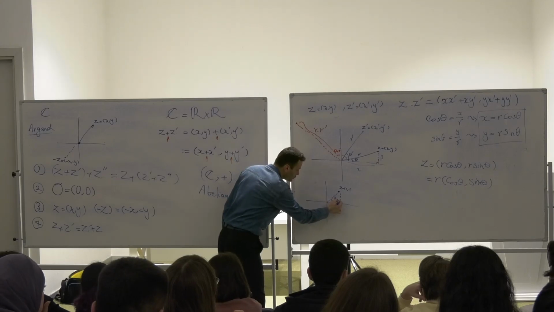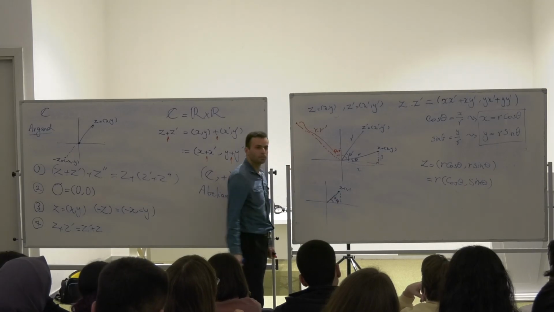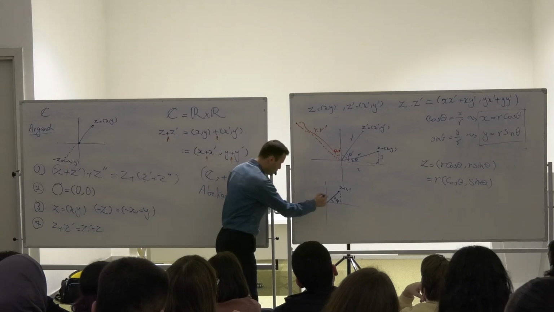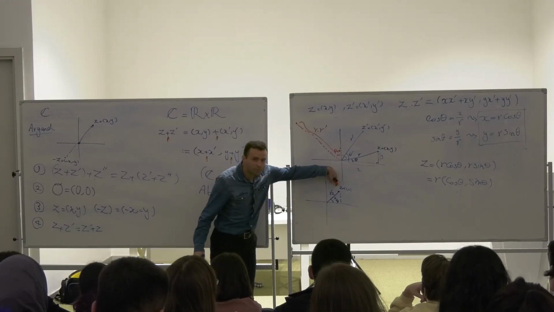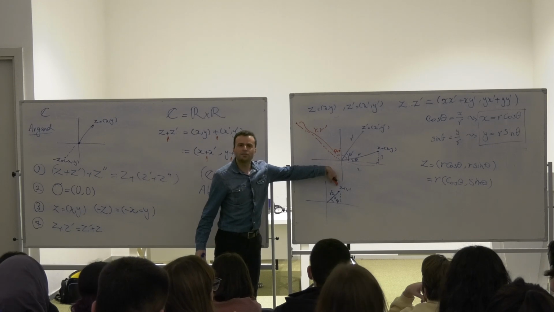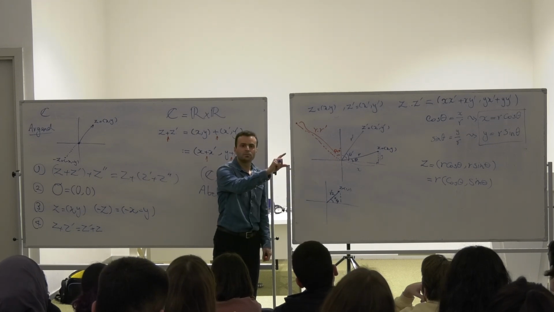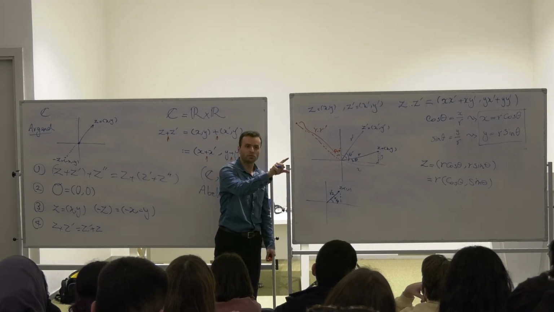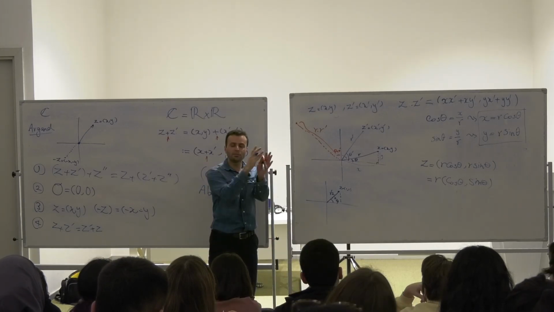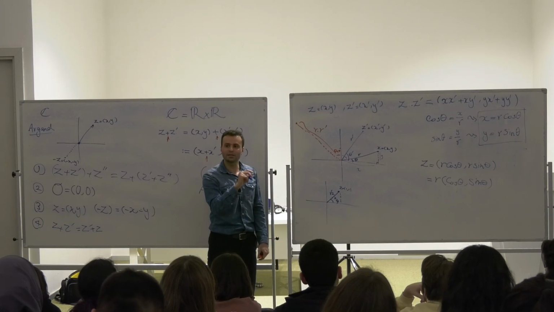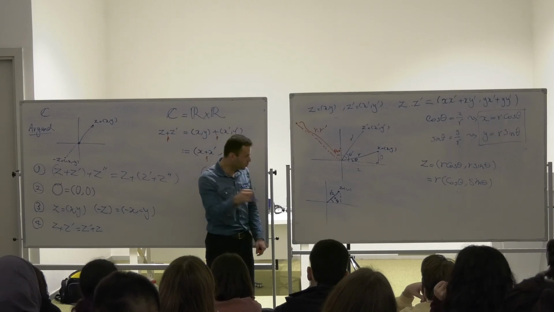Pi divided by 4. What is this length? Square root of 2. Now, if I'm multiplying this with itself, what is my angle from the first number? Pi divided by 4. From the second number? Again, pi divided by 4. If we sum them together, what is our angle? Pi divided by 2.